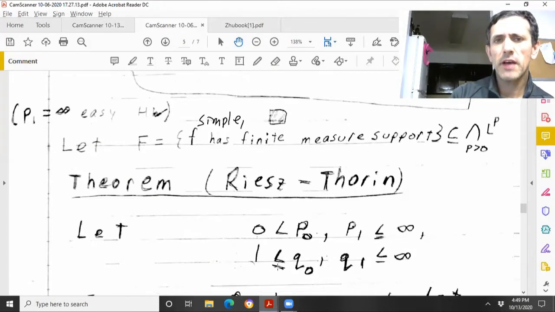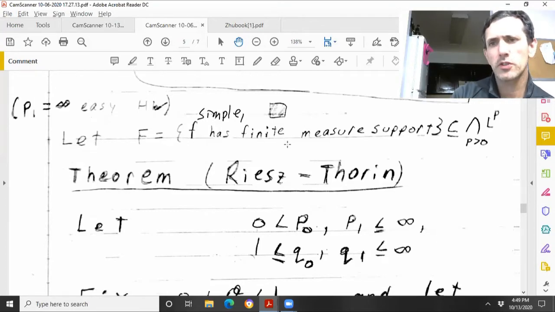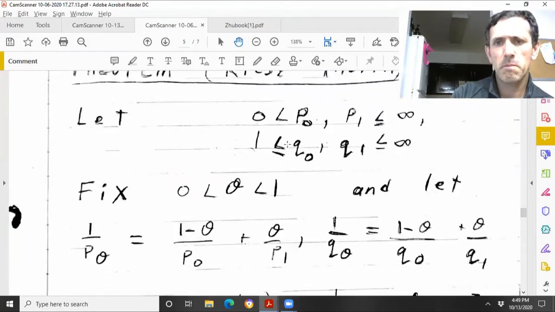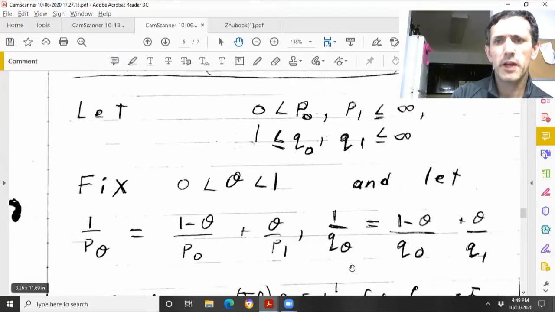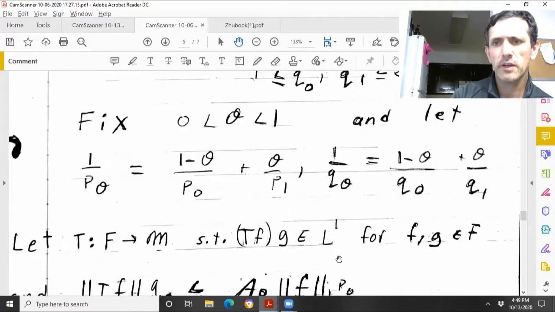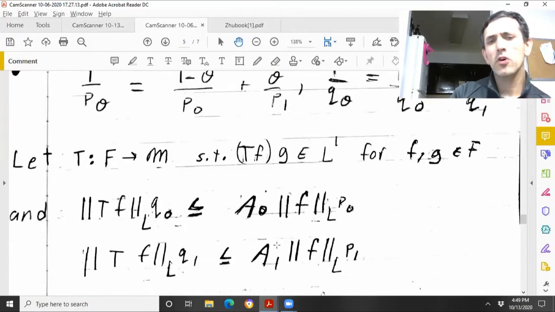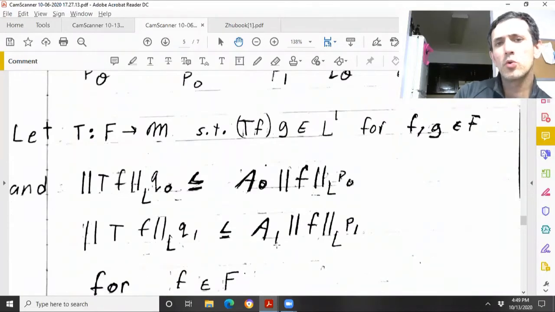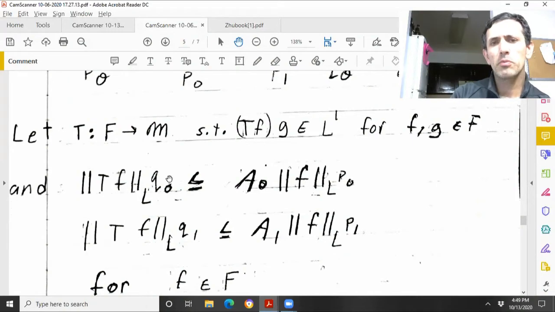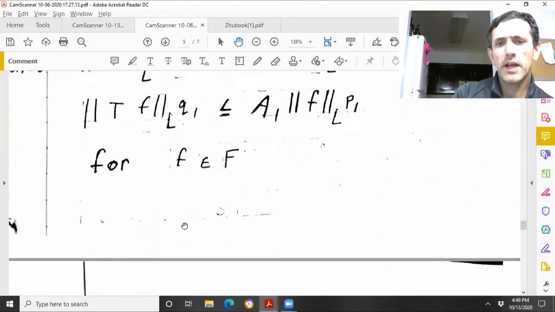Okay, and if we have a linear T defined on these nice simple functions that have support with finite measure, and if we define p theta and q theta in this way, and we have this technical condition here, then we can basically interpolate between two L^p bounds for T. In particular, we can interpolate between these two bounds to get the following result.